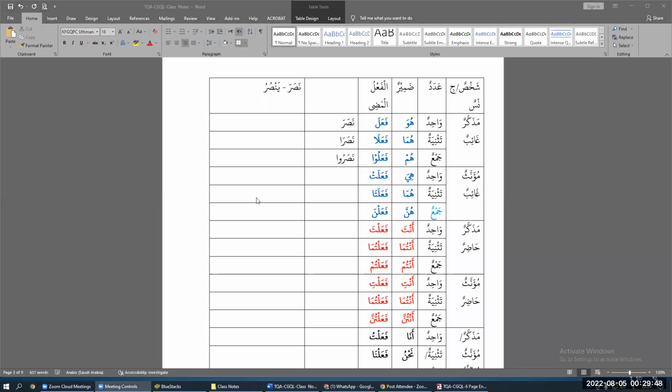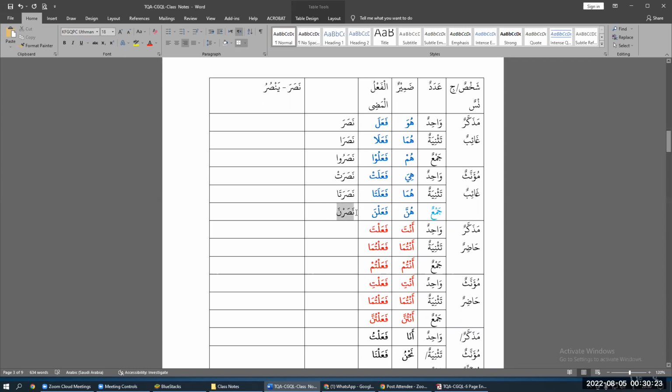I make it, you unmute. Please try. Nasara, nasara, nasaru, then nasarat. Correct. Why nasarat? Because that is female. Then nasarata. What is the meaning of nasarata? The 2 females helped. Exactly. What is nasarna? Many females helped.